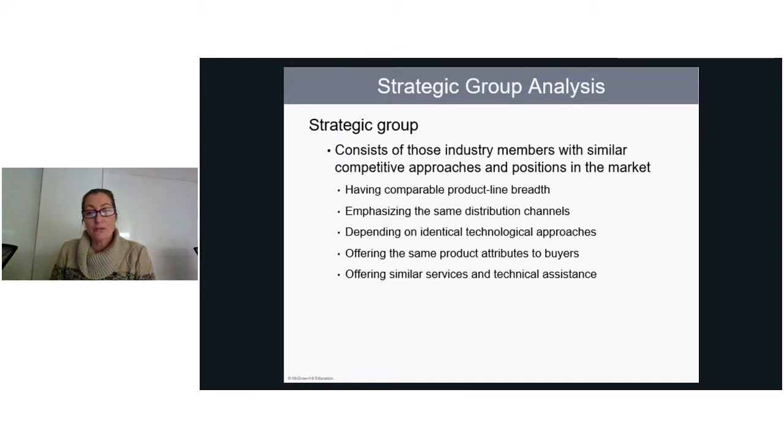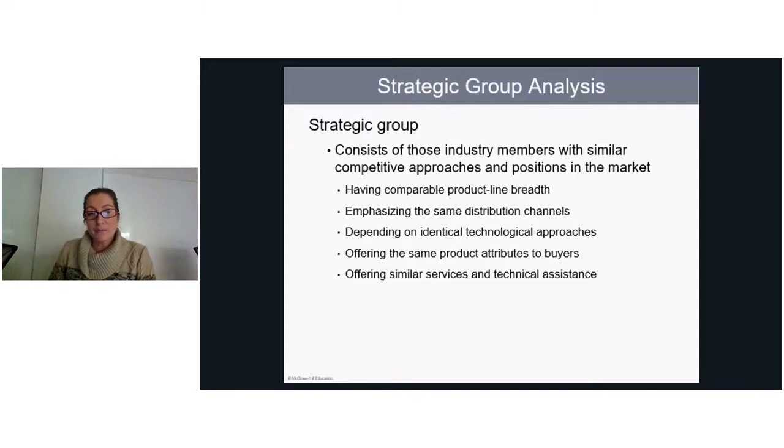Okay, so then we look at the strategic group analysis. It consists of those industry members with similar or competitive approaches and positions in the marketplace. So, who are the competitors with a comparable breadth of product line? Who amongst the competitors emphasises the same distribution channels?